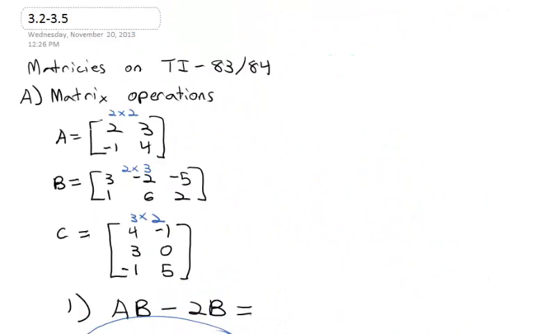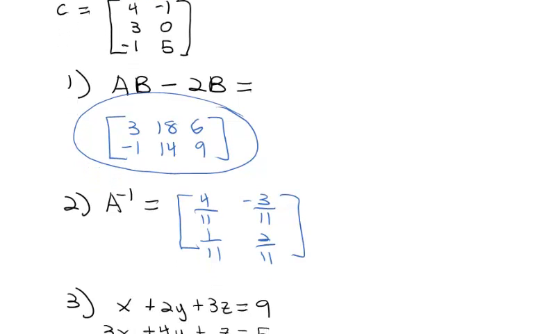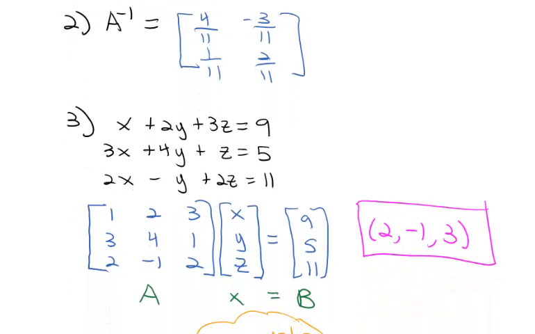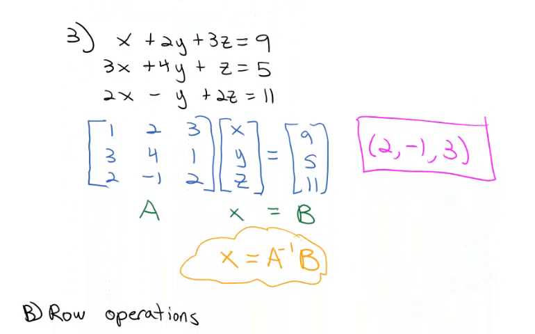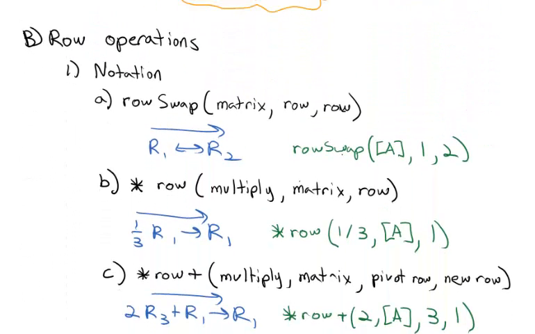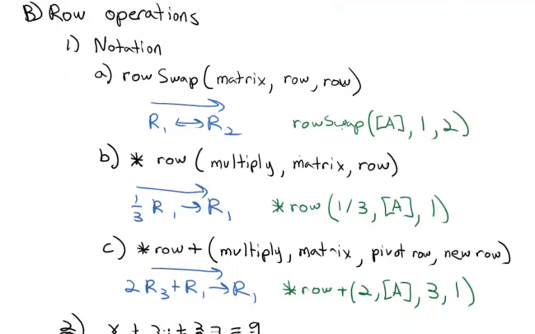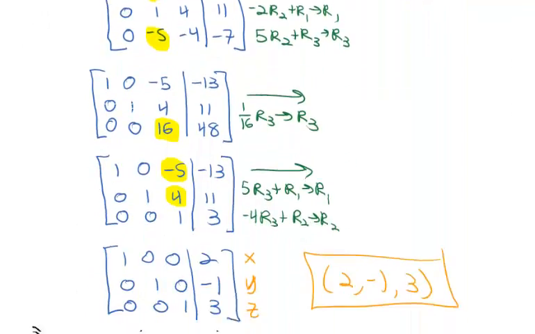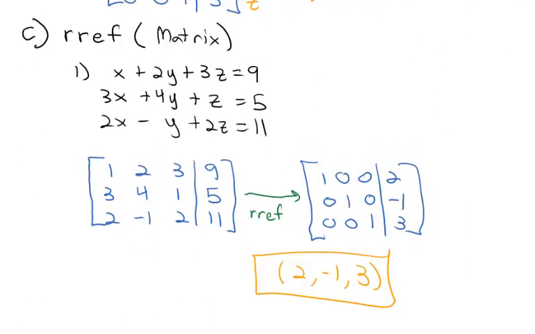That includes your basic operations, programming a matrix into the calculator, finding an inverse, doing A inverse B on the calculator to find a solution, and how to do the 3 different row operations. You need to be familiar with those. And then finally, if you want to learn how to use the reduced row echelon form feature on your calculator, that also is quite nice.